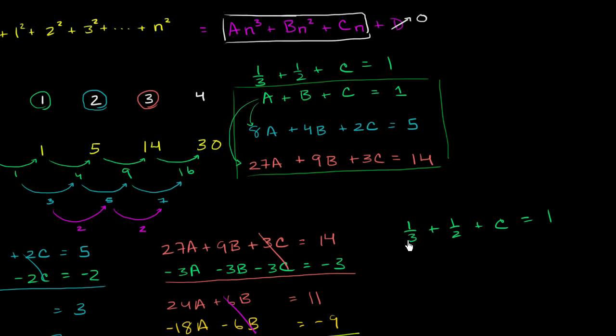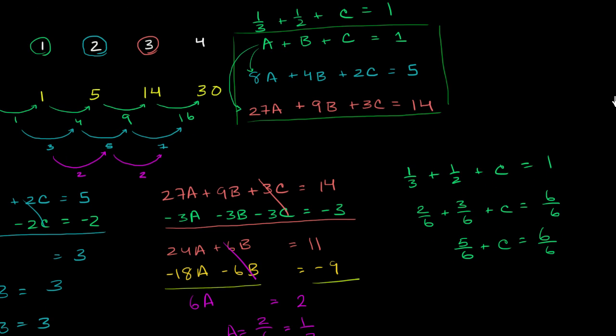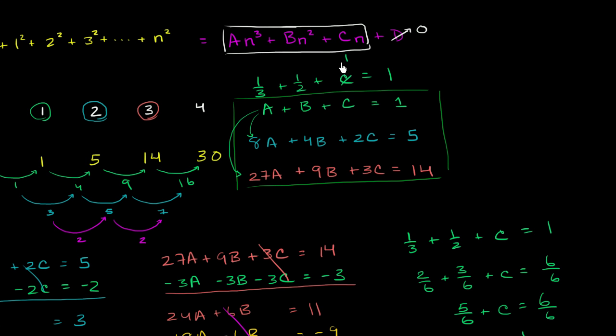A common multiple of 3, 2, and I guess you could say 1, if this is 1 over 1, is going to be 6. So I can rewrite this as 2/6 plus 3/6 plus C is equal to 6/6. 1 is the same thing as 6/6. So this is 5/6 plus C is equal to 6/6. Subtract 5/6 from both sides. We get C is equal to 1/6. So C is equal to 1/6.